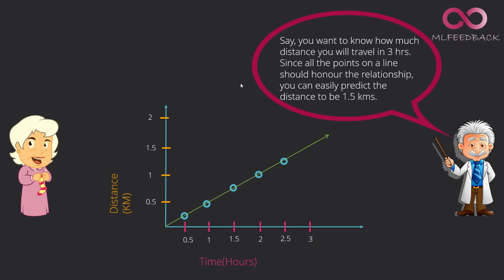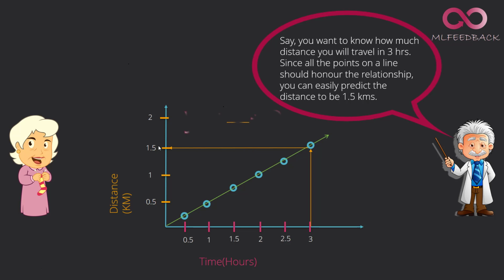Say you want to know how much distance you will travel in 3 hours. You have this data so far, but that data point is not there. But you have the line, and you know that there is a point that is going to lie on that line, and that point is going to correspond to these x coordinate and y coordinate values. The x coordinate value is 3 hours, and the y coordinate for 3 is 1.5, right? How can we say it is 1.5?